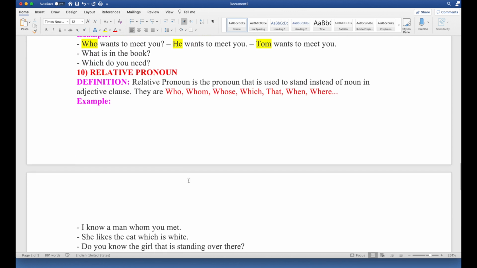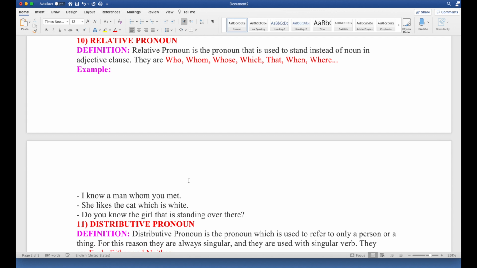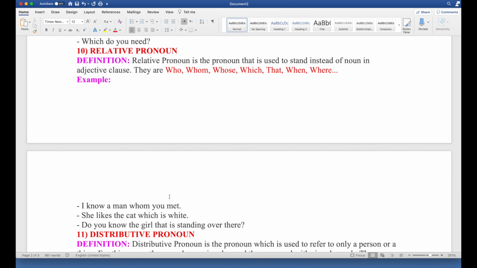Number 10 is relative pronouns. A relative pronoun is the pronoun that is used to stand instead of a noun in an adjective clause. They are who, whom, whose, which, that, when, and where. I know a man whom you met. Whom you met is our adjective clause, because it's modifying the man.